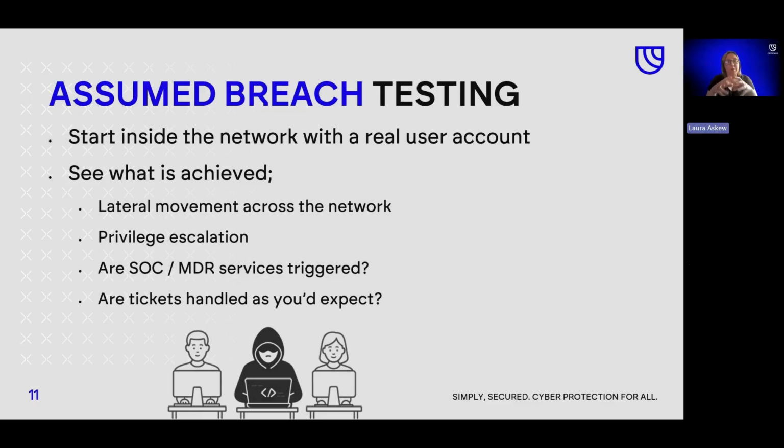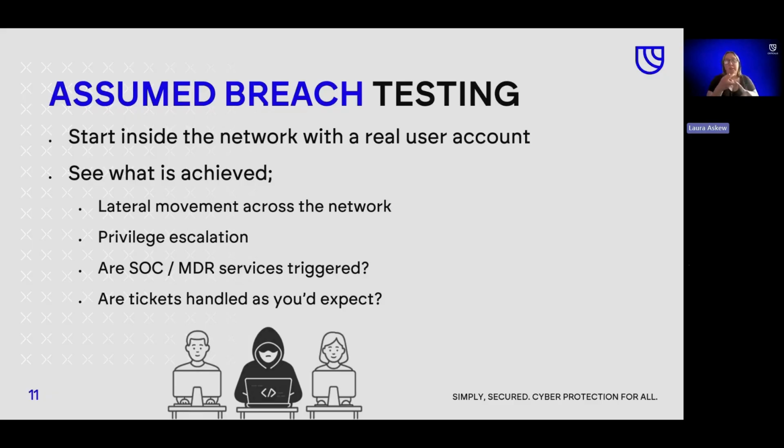And what we're looking for here is maybe, can we move across the network? Can we escalate our privileges, having moved across the network from where we are? And as I said earlier, what about the other things? Do we have a SOC service? Do we have an MDR service? Are they triggered?